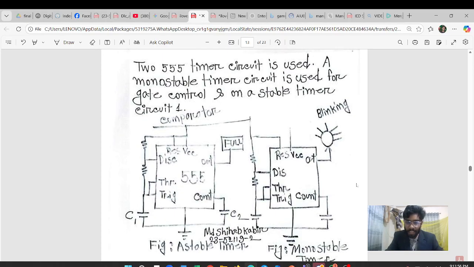When a car leaves, the monostable circuit is activated and the gate opens.